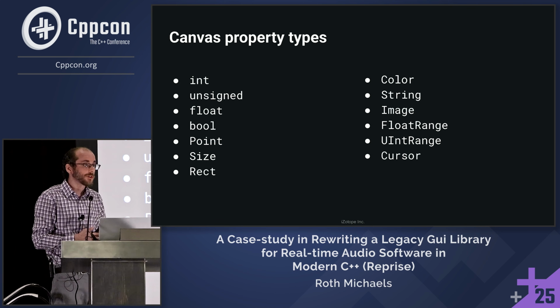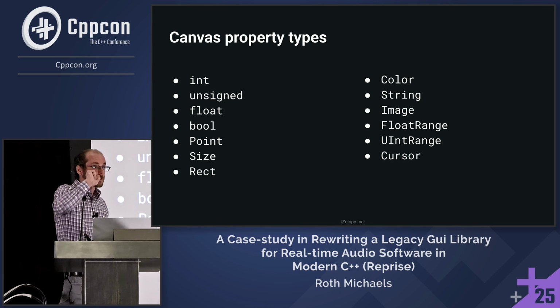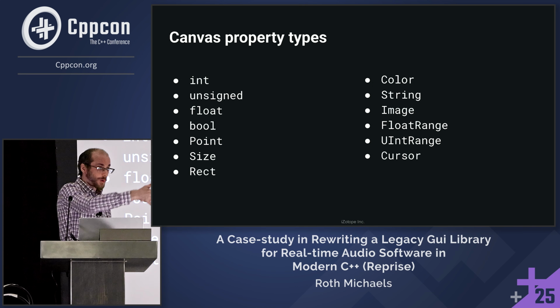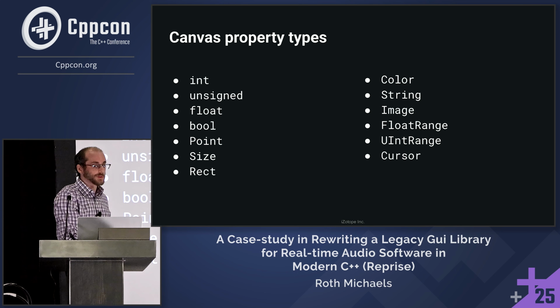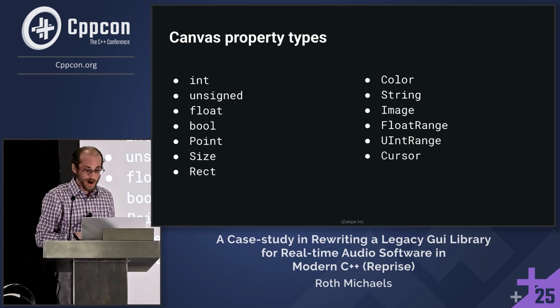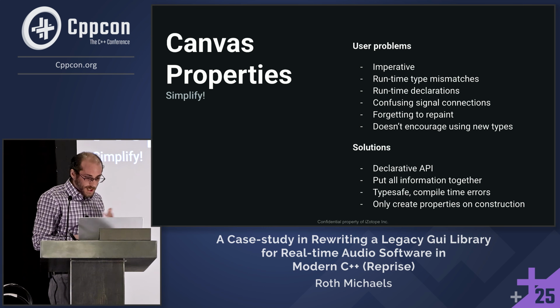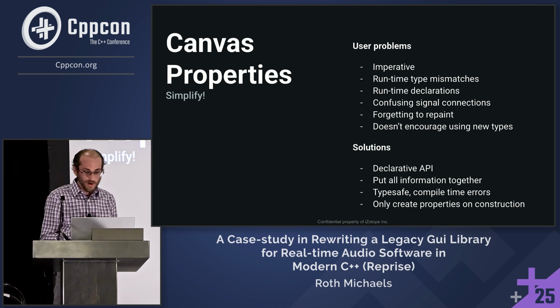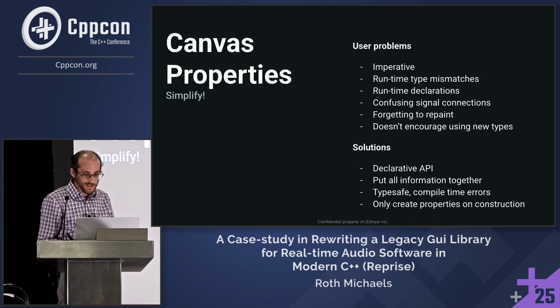I wanted to make it really easy for people to make properties that aren't just a string representing some function somewhere, but a property that's a function pointer or any strong type. I want all the properties to be strong types, and to make it really easy to define new property types. So again, the user problems are: it's imperative, runtime type mismatches, runtime declarations, confusing signal connections.